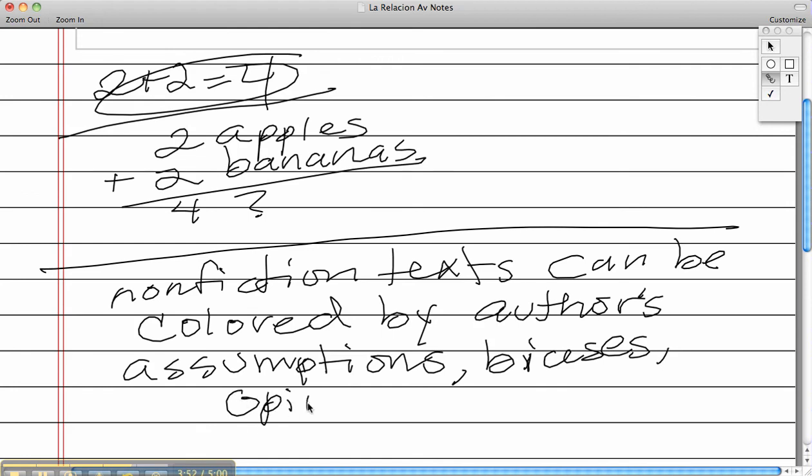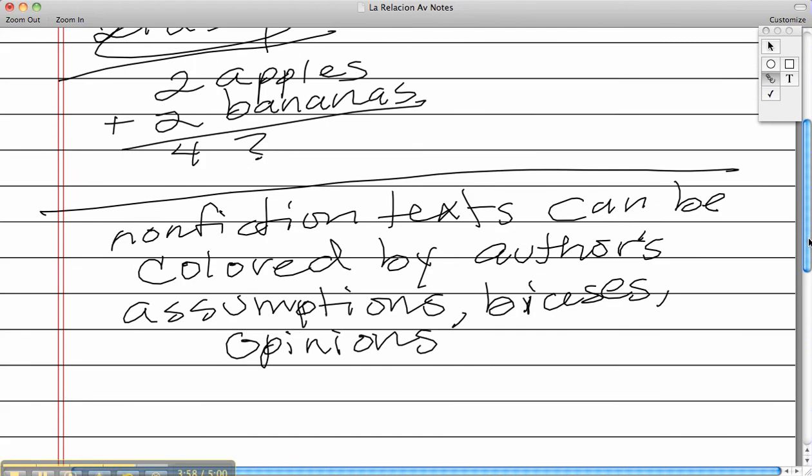But what do I mean by assumptions, biases, and opinions? Opinions are the things they believe, their ideas about things. But what I want you to pay close attention to is this word assumption and this word bias. What's an assumption?